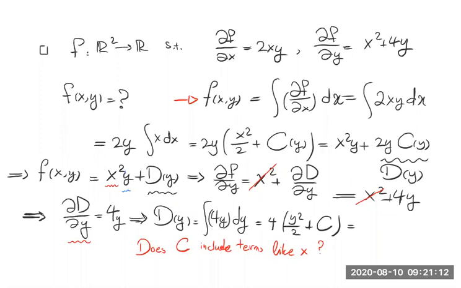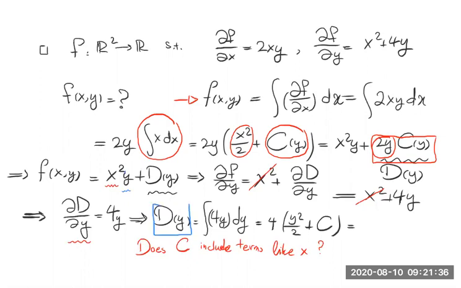And I told you that when we are taking the integral of x, it would be x squared over 2 plus a constant, where this constant only contains terms of y. There is no x in it. And later I multiplied by 2y. So there is no x in d. Therefore, when I'm computing d here, there shouldn't be any x in it.